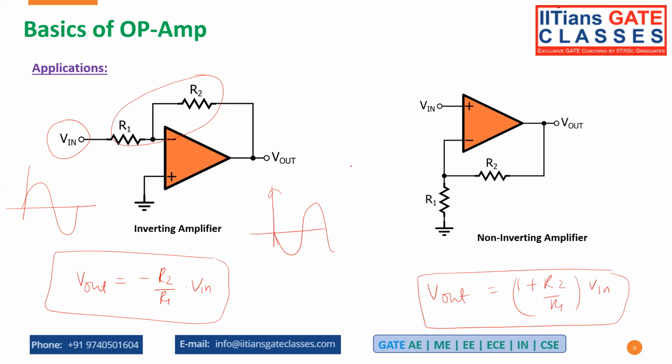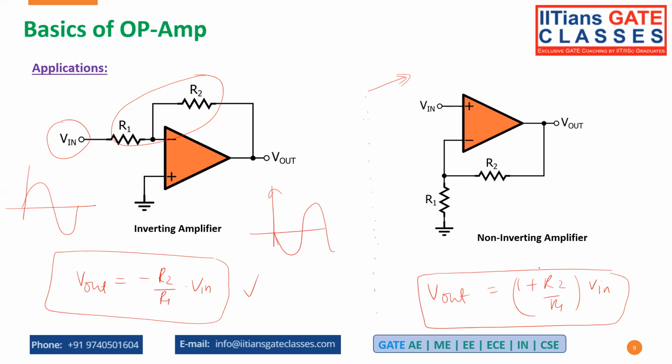If you have not studied analog circuits as of now, in that scenario you have to do some self study. You can study from Boylestad or Sedra Smith also. You can take help from those books, and you have to practice some of the basic op-amp circuits and derive how we are getting the output as V output equal to minus R2 upon R1, and how we are getting the output as 1 plus R2 upon R1.